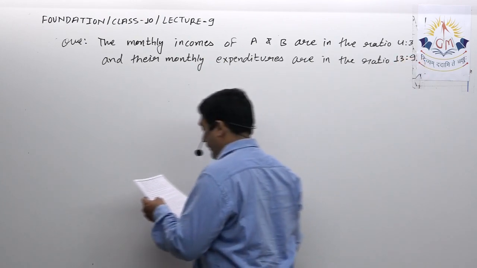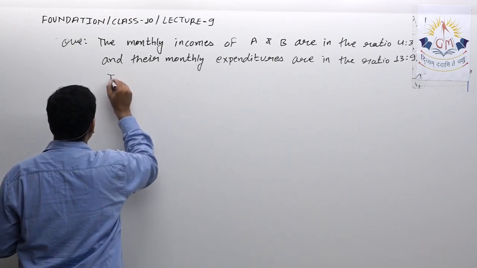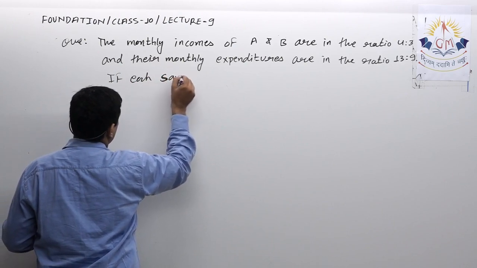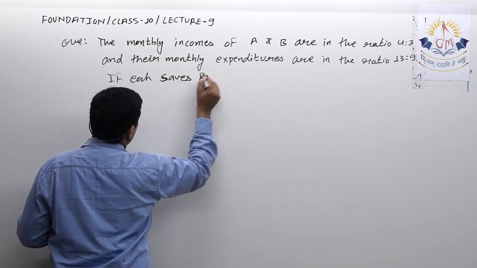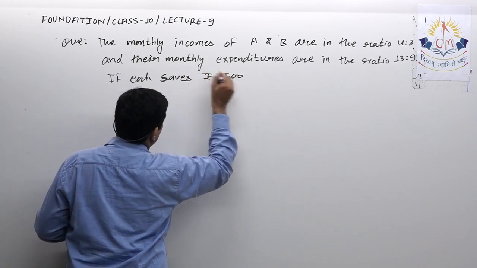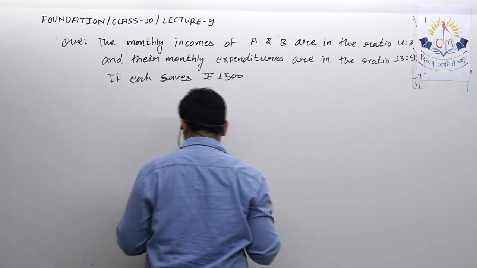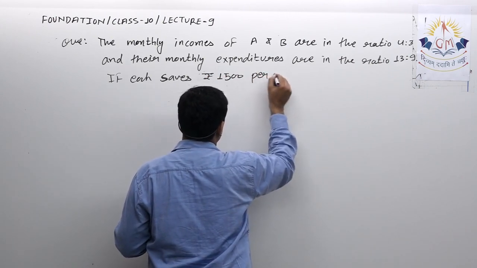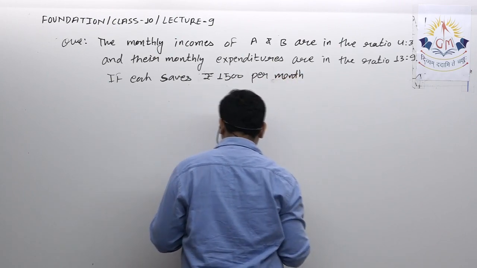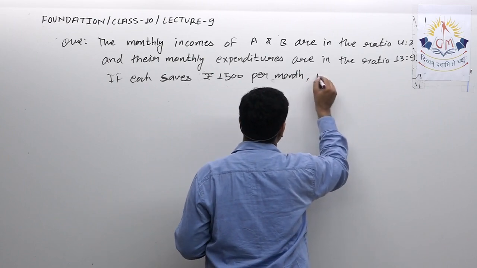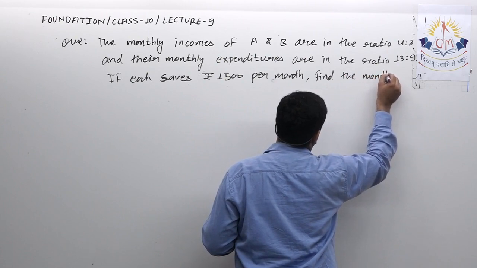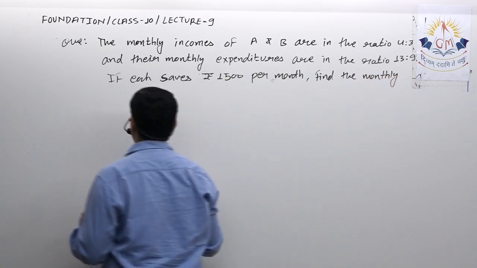If each saves rupees 1500 per month, find the monthly income of each.